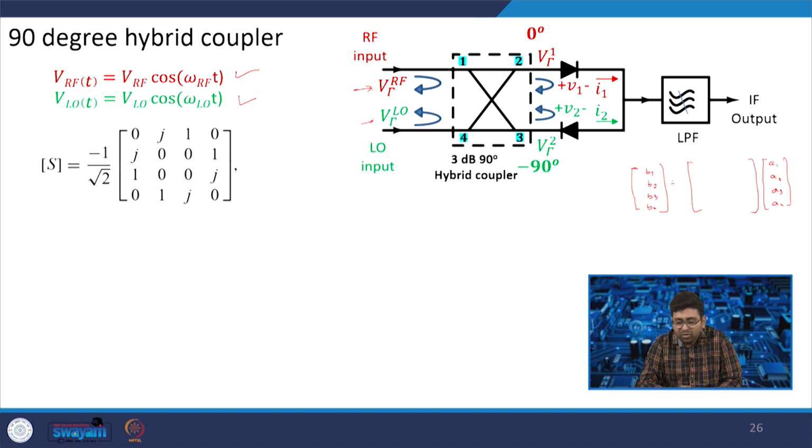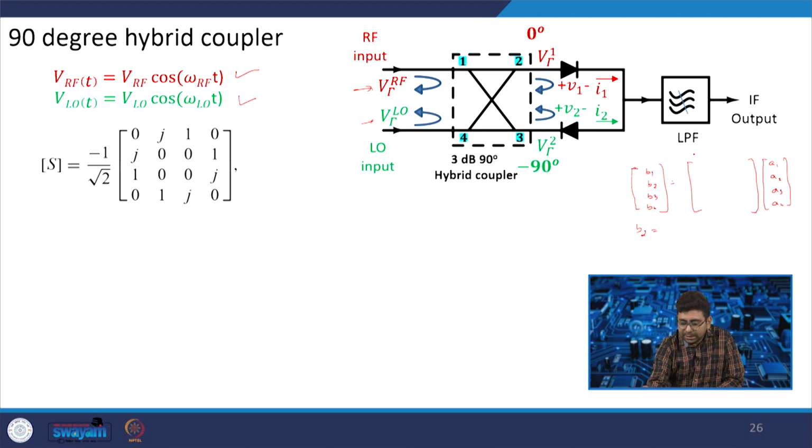If we want to find how much power there is at port 2, we will get that at B2. So, what is B2?